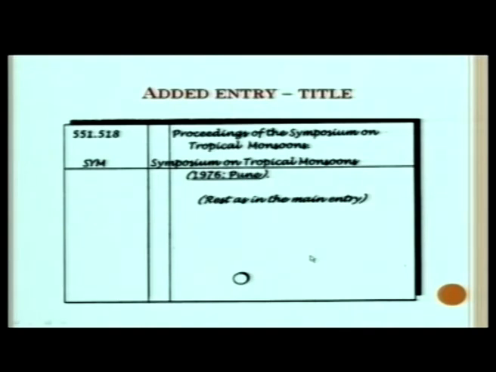Similarly, for the title we have to do it, the call number is written, proceedings of the symposium on tropical monsoons, and also here the name of the symposium we have to mention, then year followed by the place with punctuation colon. So, the rest will be same as in the main entry.